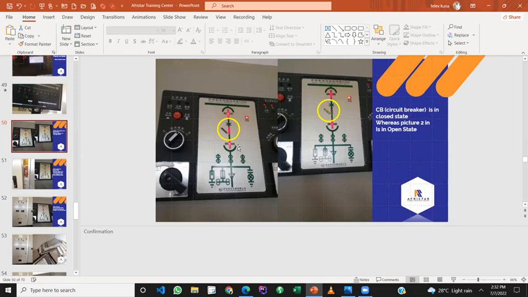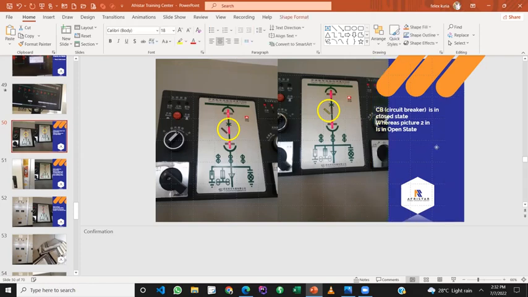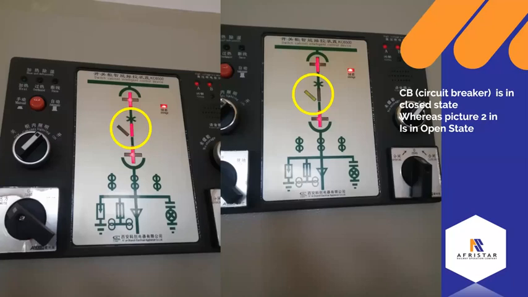So on the high voltage side, at this side of our display, we have a button, and if you are going to operate on the high voltage side, there is a point where you change it to local or remote.